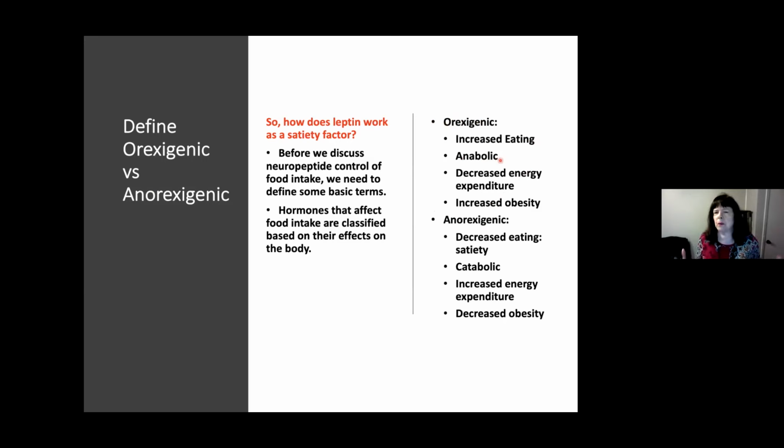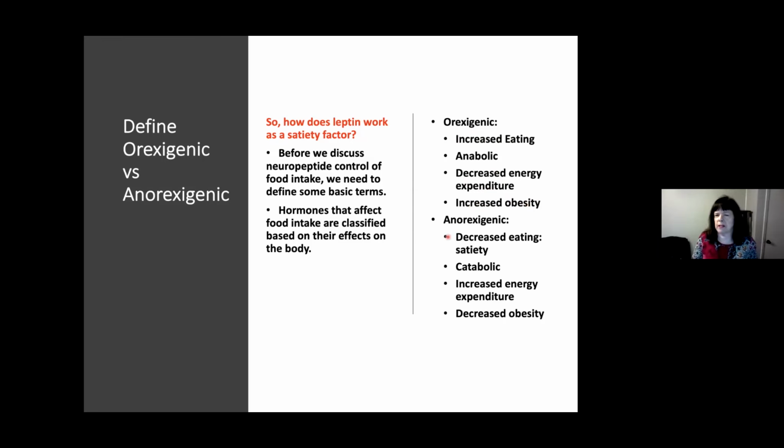So if you're in an orexigenic state, you're eating more, you're building muscle, you're slowing your energy expenditure, because the idea is you want to build your resources, and you're going to increase obesity. So everything that promotes that increased eating may lead to obesity.